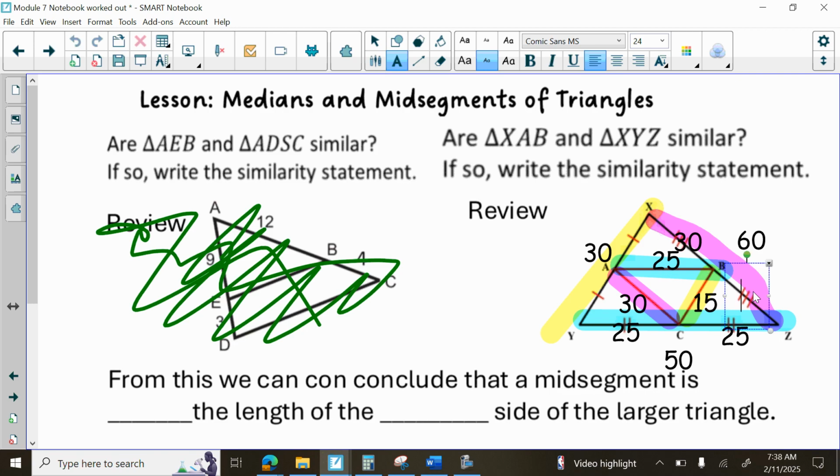And what would be BZ? 30. And what would be AY? 15. And AX? 15. You understand the relationship with mid-segments? So here, we'd say, from this we conclude the mid-segment is half the length of the parallel side.